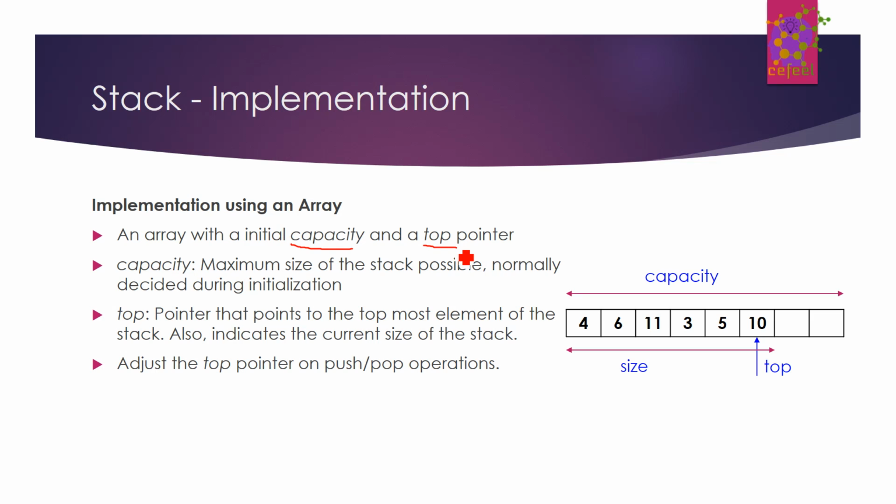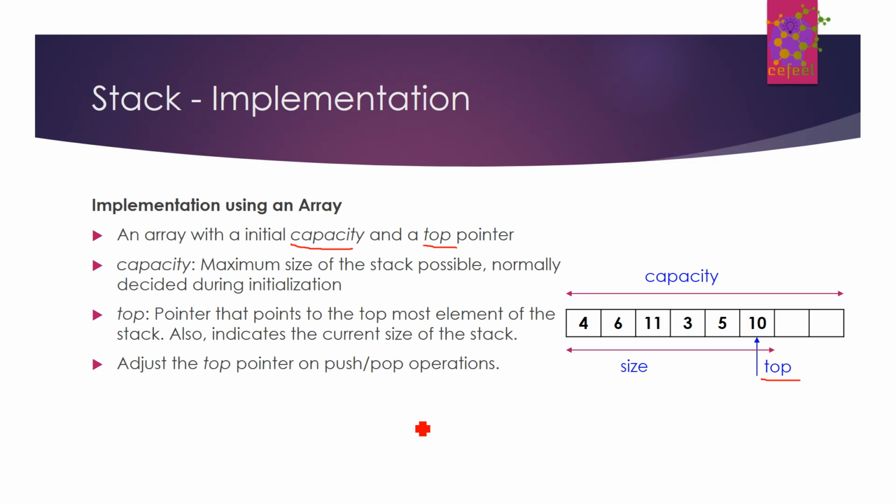In this case, you can see we have 8 elements possible, so the capacity is 8, whereas top is pointing to the 6th element, which is 10, and top also indicates the current size of the stack. So in this case, there are 6 items in the stack.